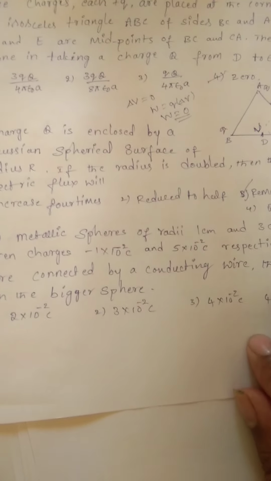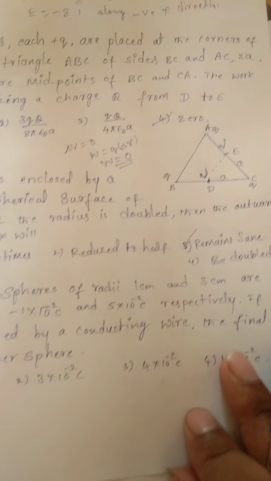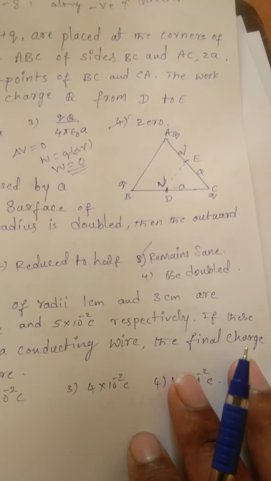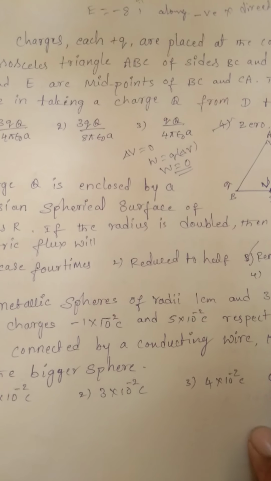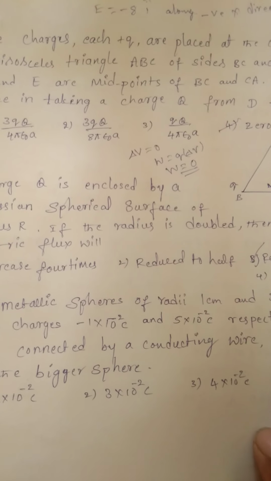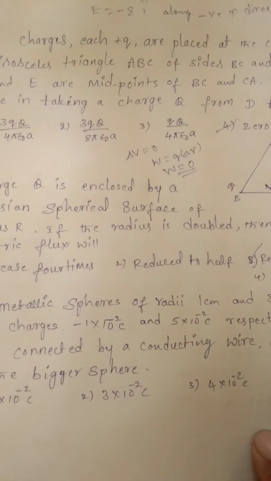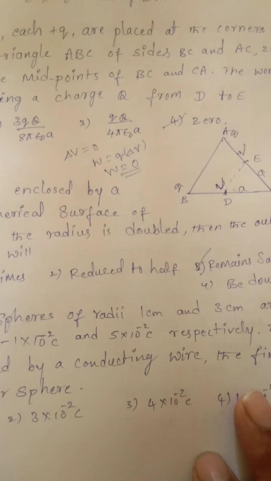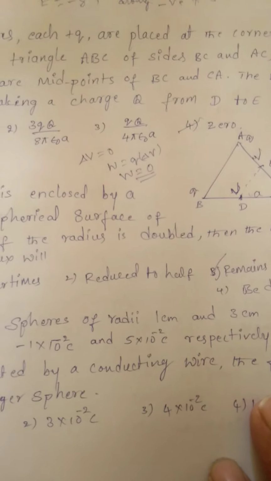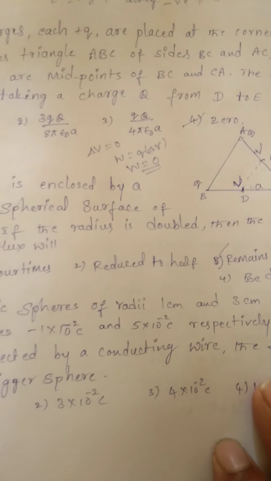There are two spheres, one of 1 centimeter radius and another of 3 centimeter radius. On the smaller one there is minus 1 into 10 to the power of minus 2 coulomb, and on the other one, 5 into 10 to the power of minus 2 coulomb.